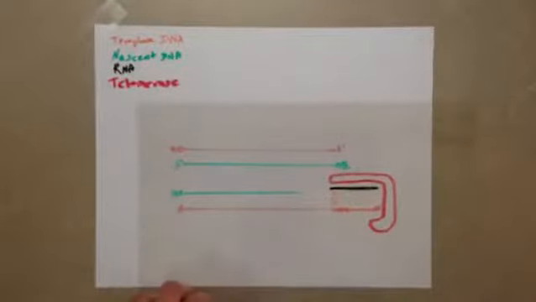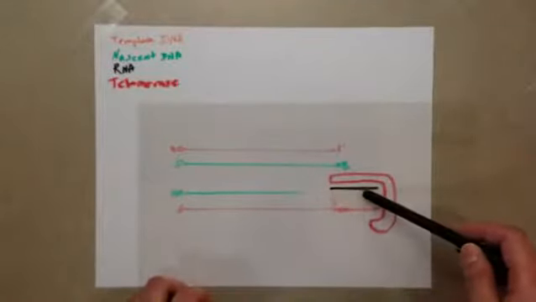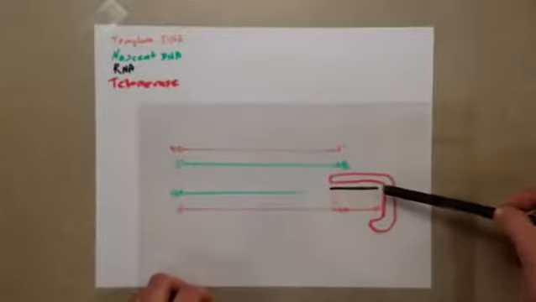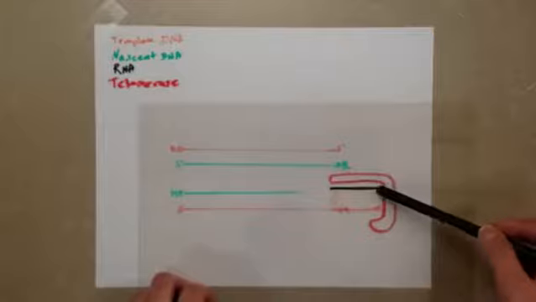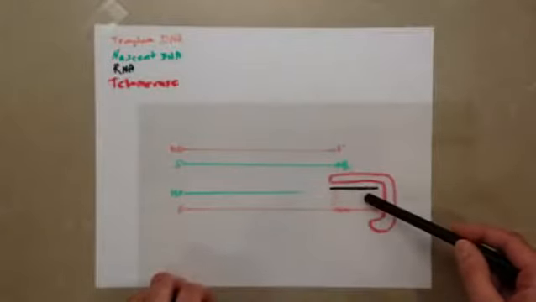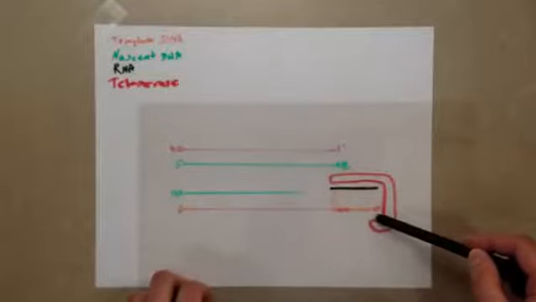And it does this by adding in nucleotides that match to its RNA primer. So essentially, this RNA that the telomerase carries around becomes the new template and is used to extend the original DNA.